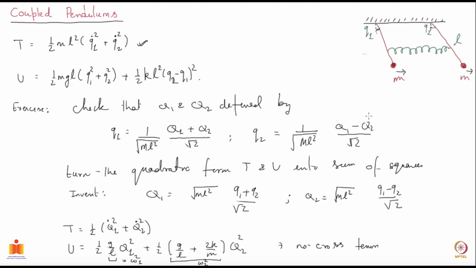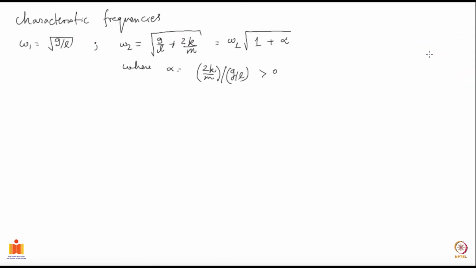And in that mode, this spring is getting stretched or compressed. So more potential energy is stored in that mode. When that mode is active, there is the gravitational potential energy of these two masses plus the potential energy stored in the spring. And that is what leads to higher frequency in this mode. Okay, that's good.